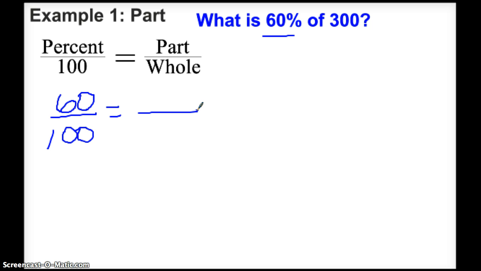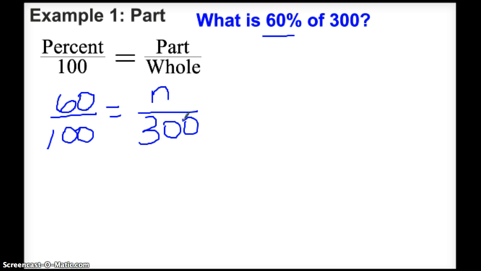So when I'm talking about what is 60% of 300, I'm looking for the part. I know the percent and I know the whole is 300. So I'm looking for, let me just use a variable n here, and my whole is going to go on the bottom, and that's 300.